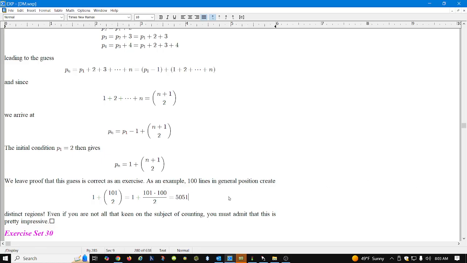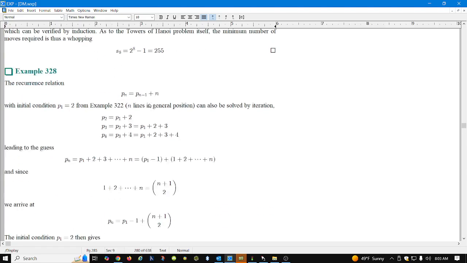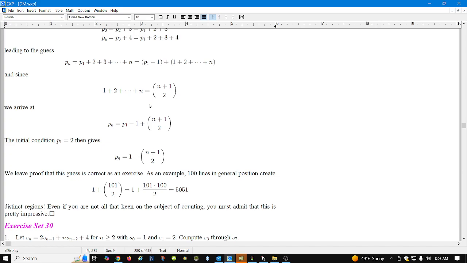And I think you have to admit, even if you're not all that keen on this, that this is pretty impressive. We've found a very simple technique, a mathematical technique, for computing the number of regions that the plane is divided into if you have any number of lines in general position. 100 lines, 5,051 regions.